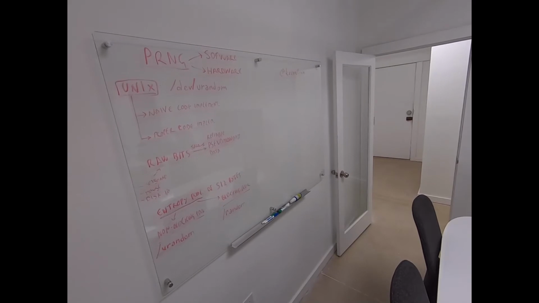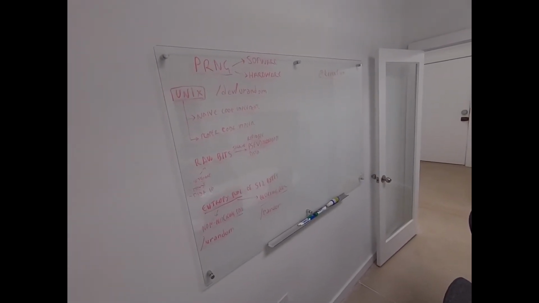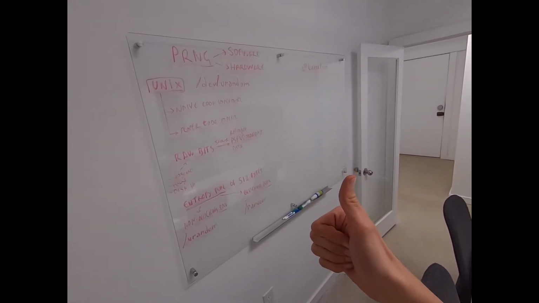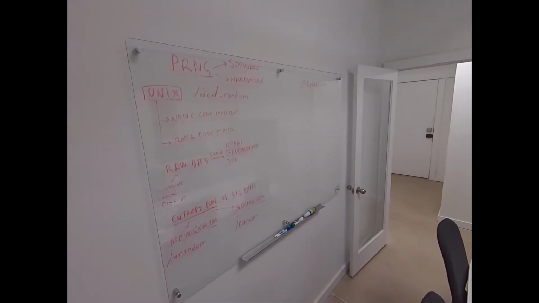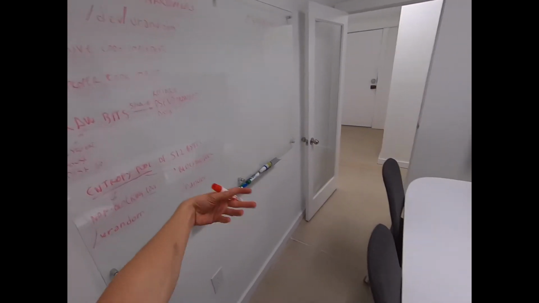So if the pool is full of random bits, we have a high entropy value, the entropy check is passed, and the operating system is going to give us the random bits.